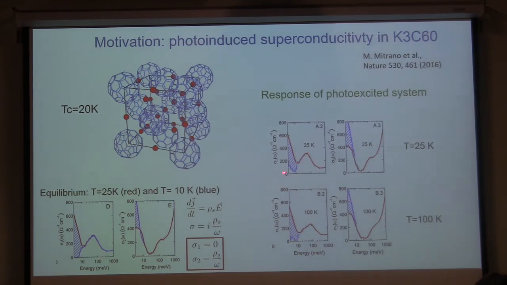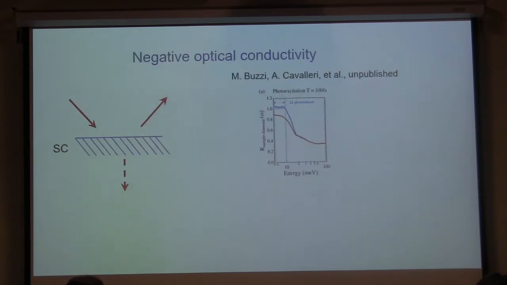Again, we see a gap opening up in the real part of conductivity, and a 1 over omega tail in the imaginary part of conductivity. And now you can see a temperature which is already 5 times higher than Tc. Again, there is a gap opening up in the real part of conductivity, and a 1 over omega tail in the imaginary part of the conductivity.